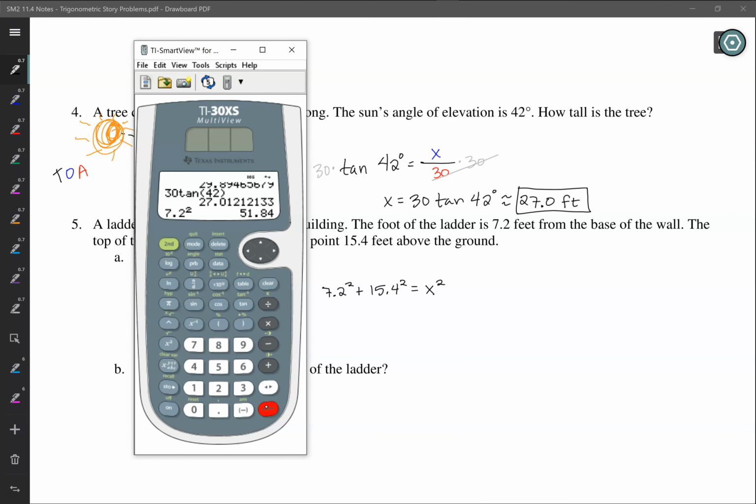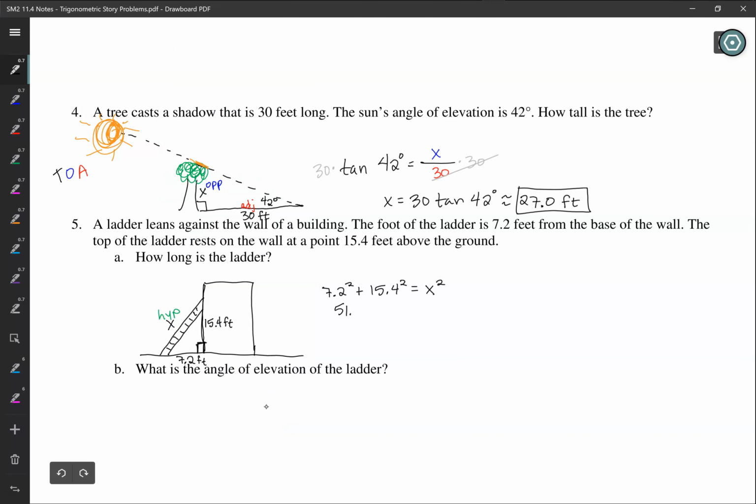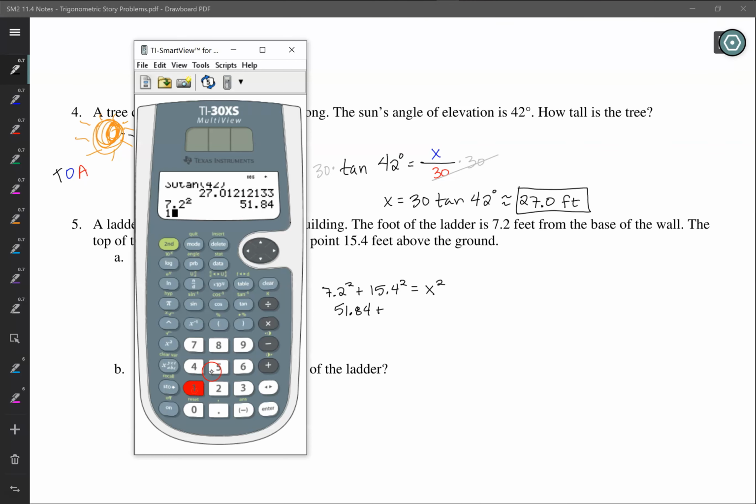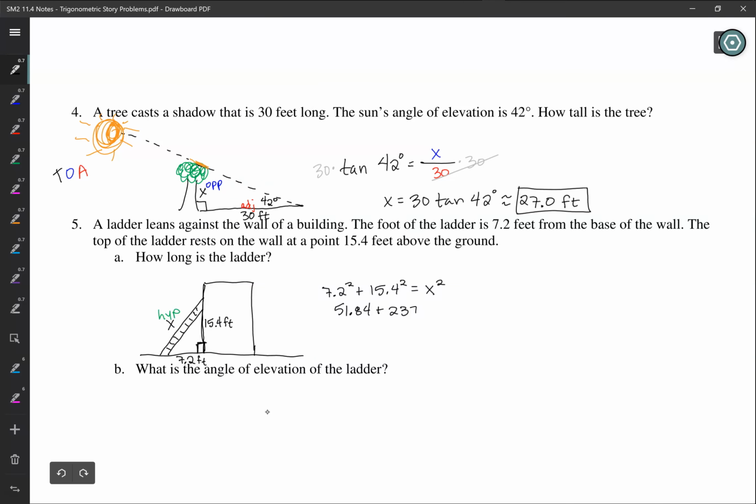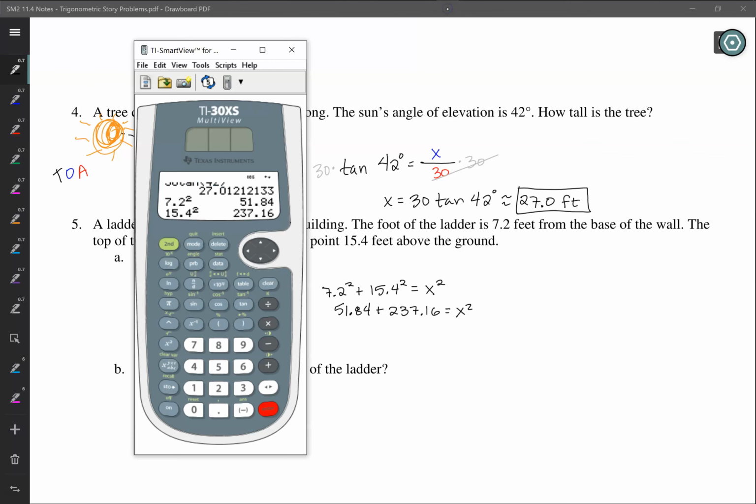7.2 squared plus 15.4 squared, 237.16. Add those together. 289.